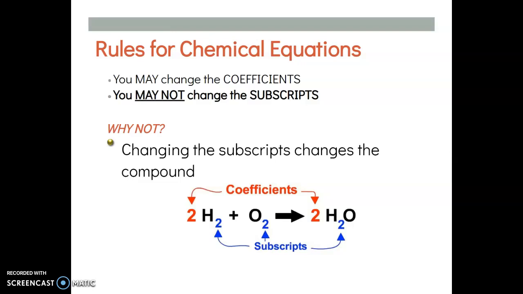When we are balancing these chemical reactions, you are not going to touch the subscripts. They will be the same each and every time. So don't worry about changing the subscripts. And again, that's the small number behind the element. What we are going to change is the coefficients. The coefficients that go in front of the compound or the element can be manipulated so that we can balance these chemical equations.